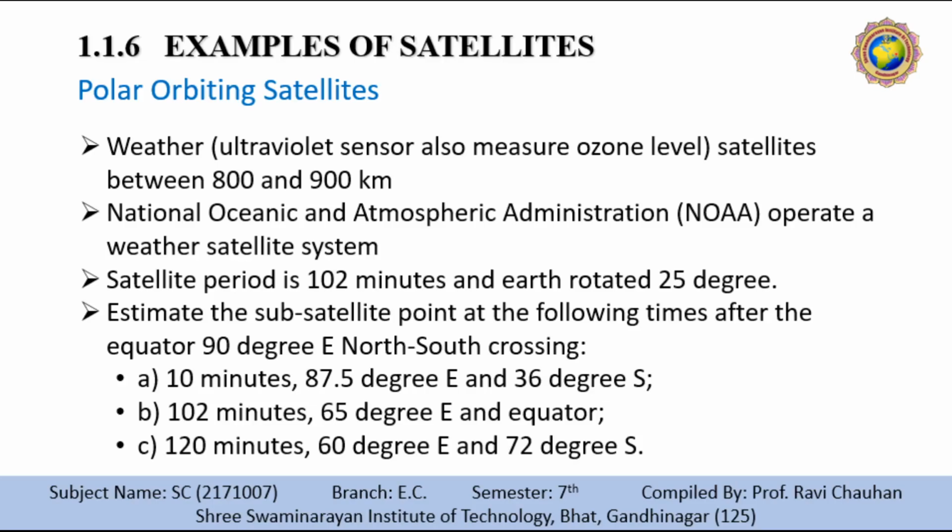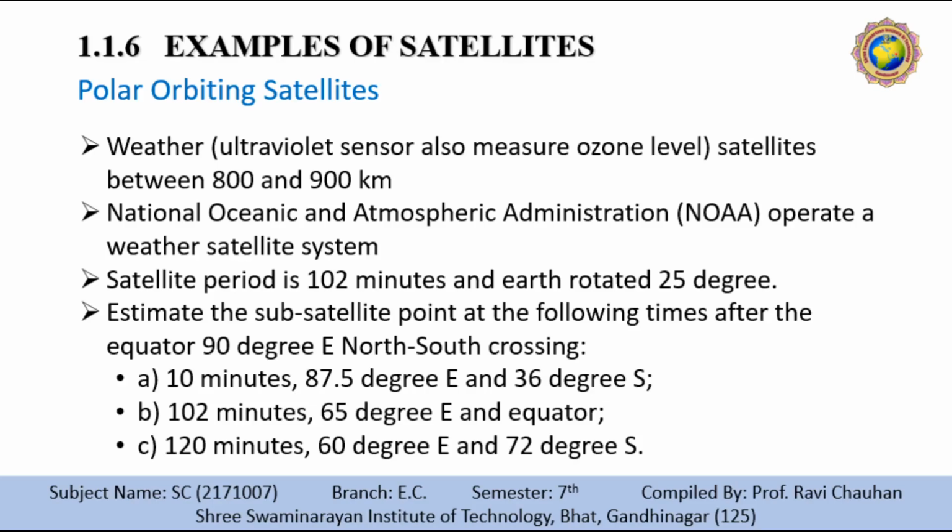Another example is polar orbiting satellites. These satellites are used for weather forecasting or weather monitoring, at 800 to 900 kilometers above the Earth's surface. They have an ultraviolet sensor that also measures the ozone level. NOAA, the National Oceanic and Atmospheric Administration, operates a weather satellite system.